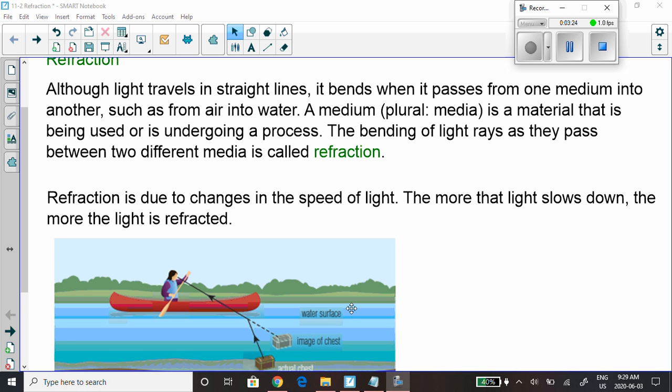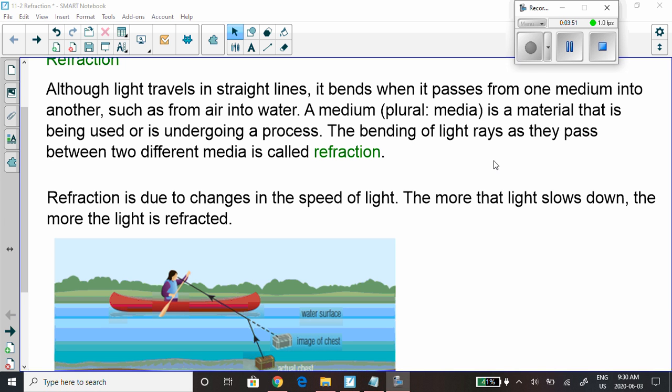Now, not only does the light ray bend as it's going from one medium, one material, into another, but the speed of it also changes. Light actually travels more quickly in air than it does in water. And the change in the speed of the light wave is also a big part of the idea of refraction.